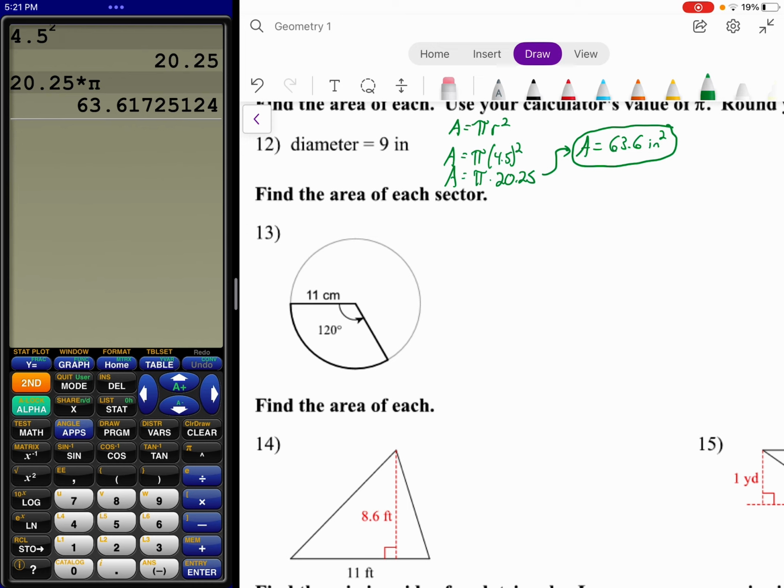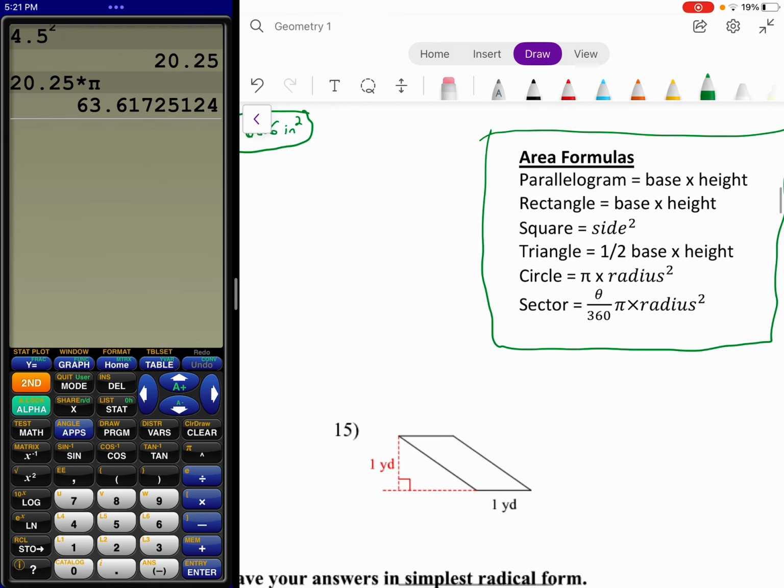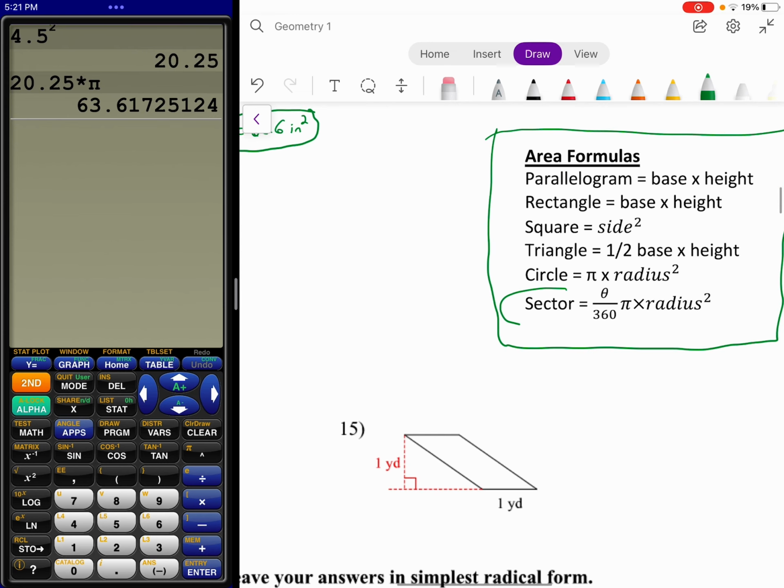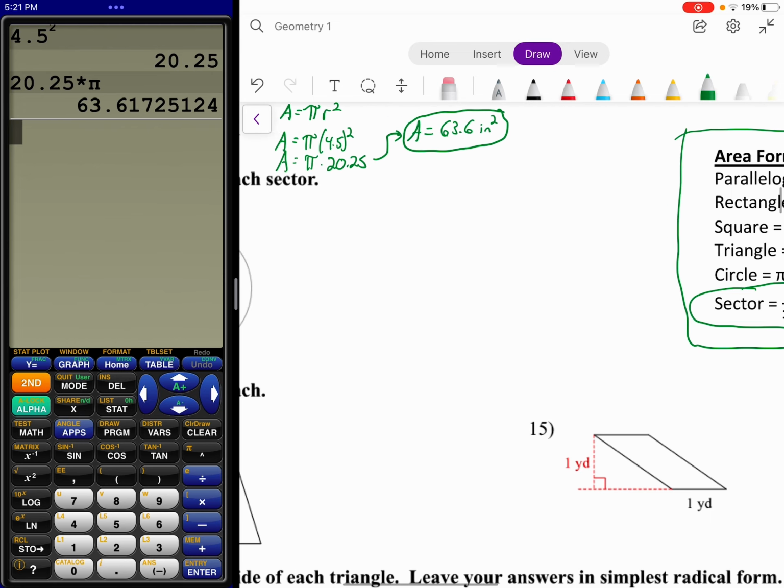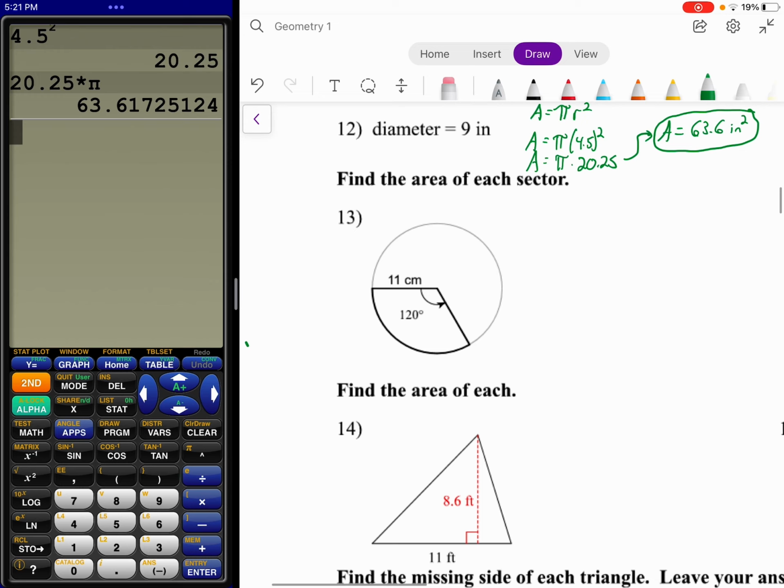Find the area of each sector. Okay, well, the area of the sector is theta over 360, which is the central angle over 360, times pi times the radius squared. So it's just a fraction of the area.